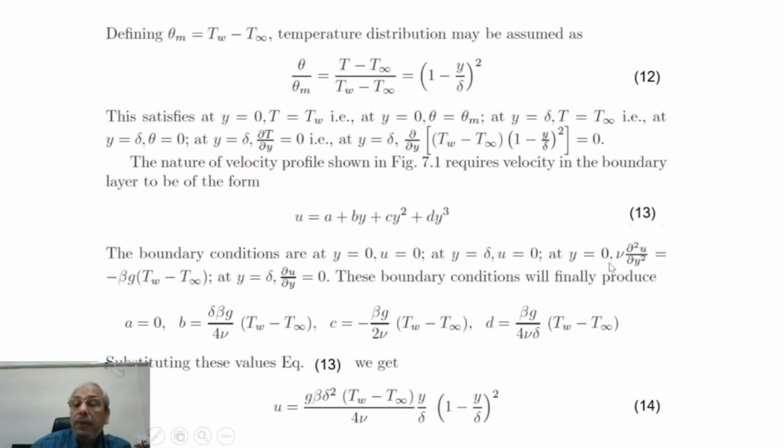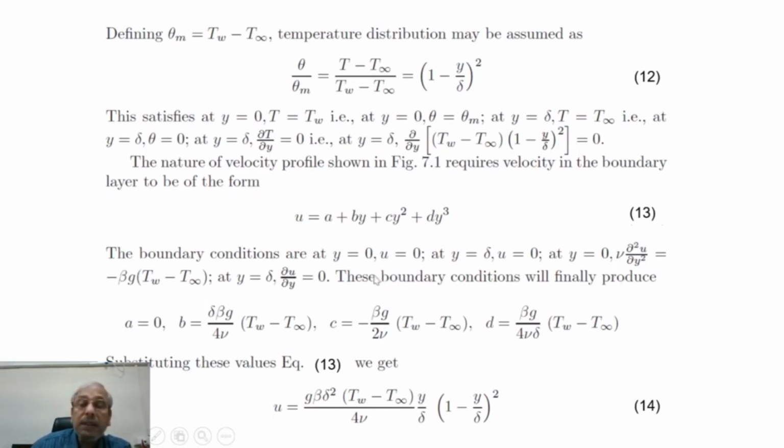At y equal to 0, nu del 2u del y2 equal to minus beta into g (Tw minus T infinity). This is from the simple boundary layer equation for buoyancy driven flow at y equal to 0. At y equal to delta, del u del y equal to 0 at the edge of boundary layer.